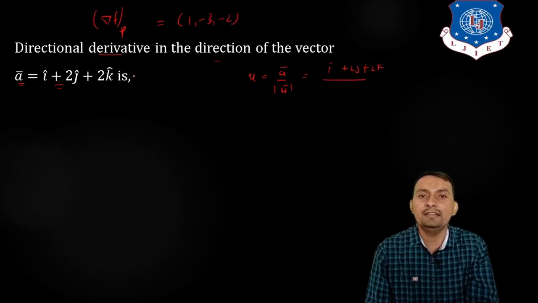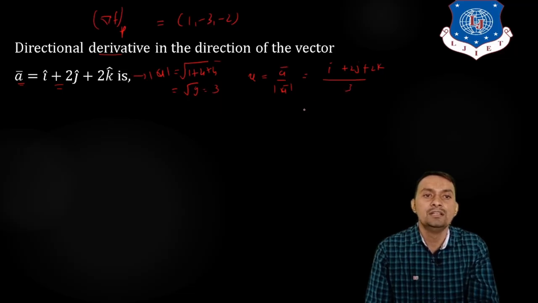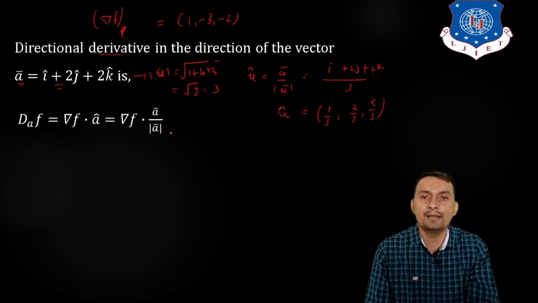When I find its modulus, it is under root 1 plus 4 plus 4, which is under root 9, so we get 3. So its unit vector will be 1 divided by 3, 2 divided by 3, and again 2 divided by 3. And this is exactly the unit vector, so I can say this is u cap.